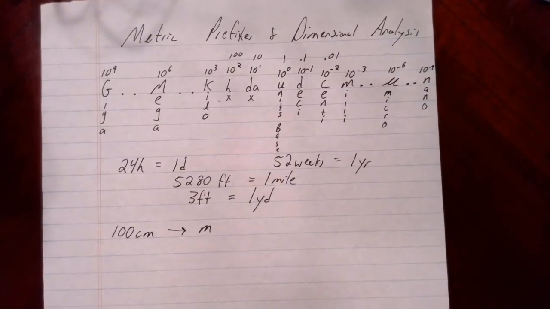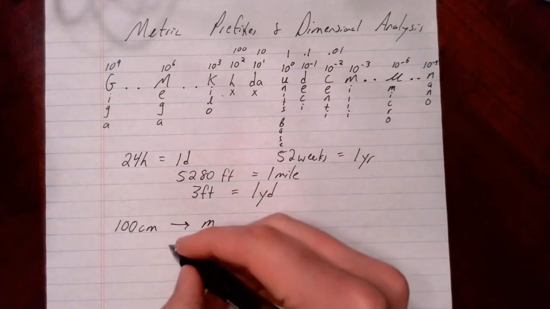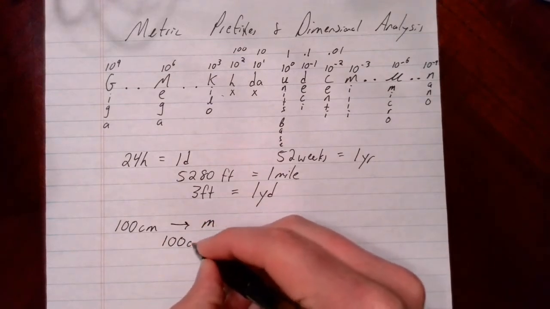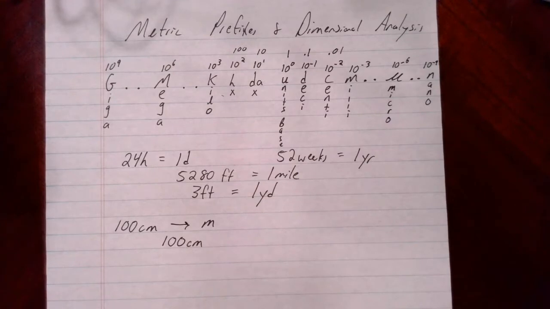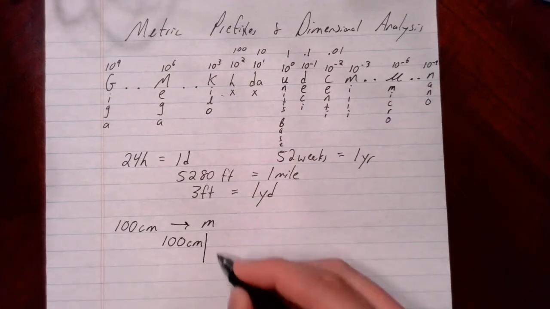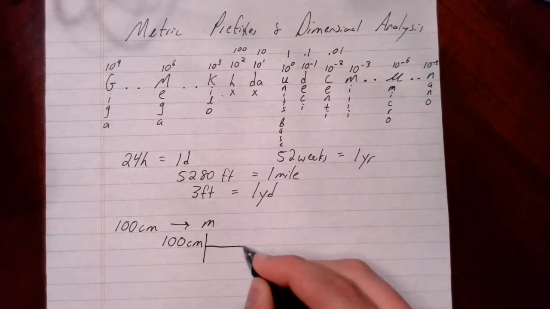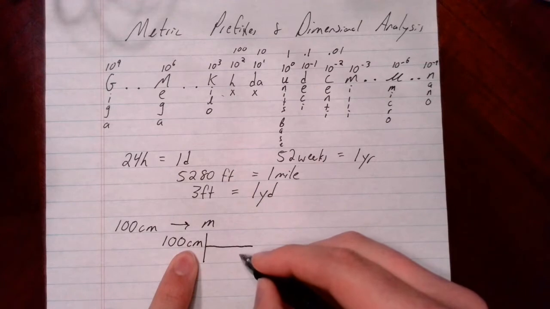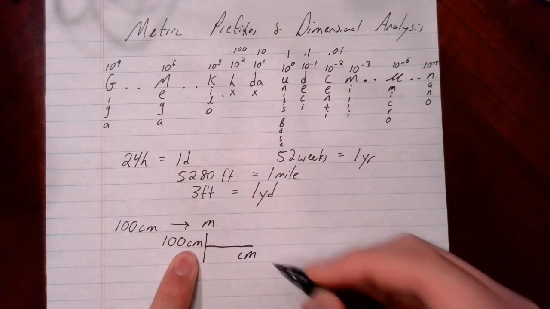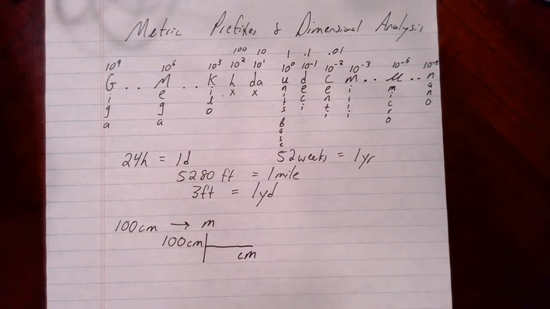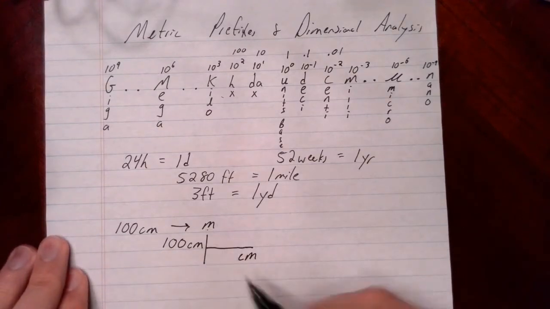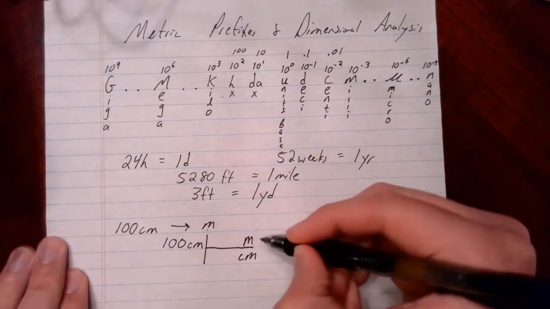So the first step is always going to be to write what I'm given in the problem: 100 centimeters. Then I draw this little box thing, and you may have seen this before. Then you always take the units that you start with and drop them down. Then I put the units that I'm trying to go to on top.